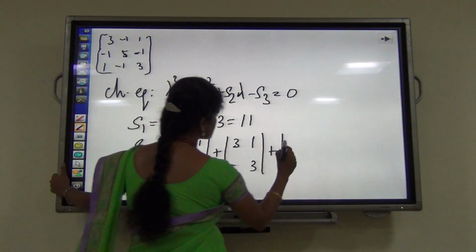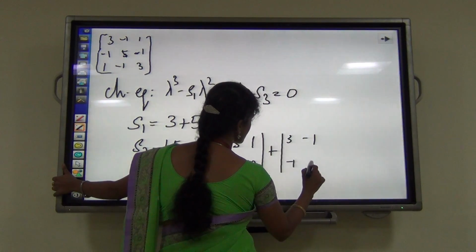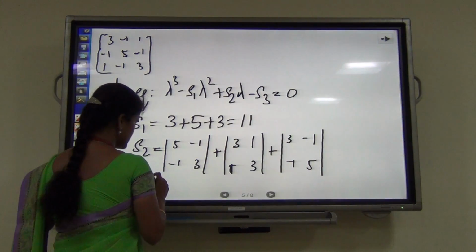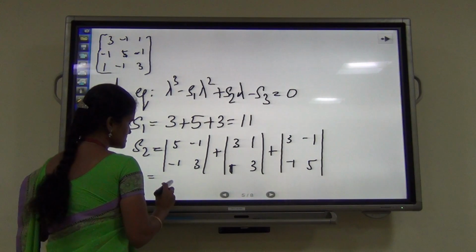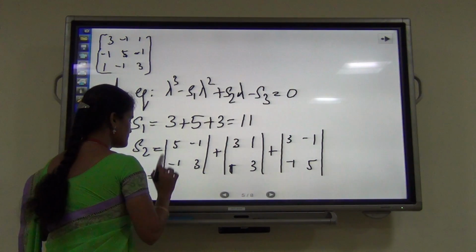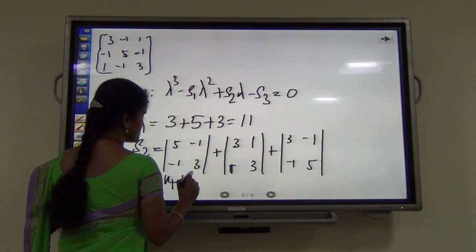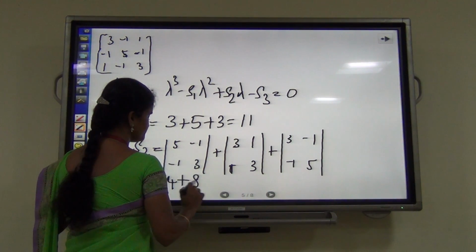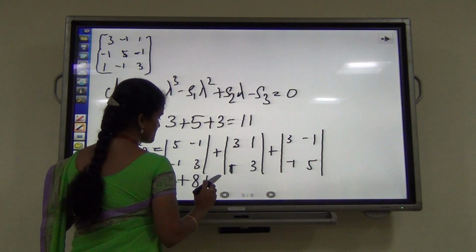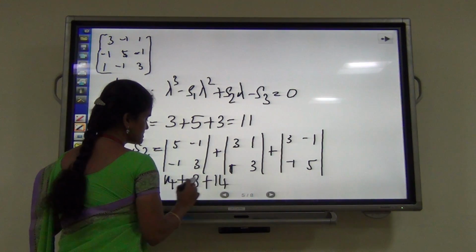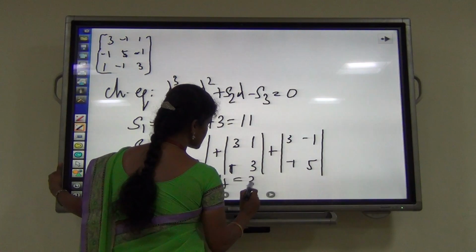And the last one is 3, minus 1, minus 1, 5. Let us calculate this. It is 15 minus 1, 14, plus 9 minus 1, 8, plus 15 minus 1, 14. So you get 28 plus 8, 36.